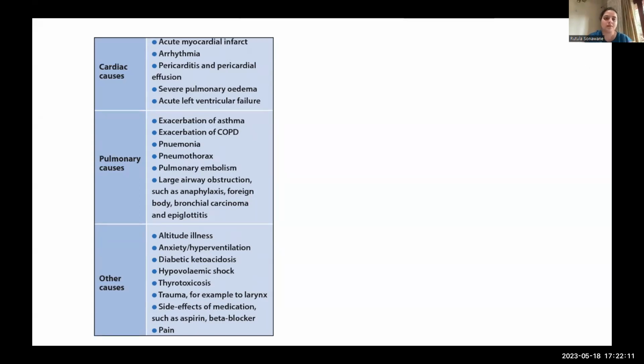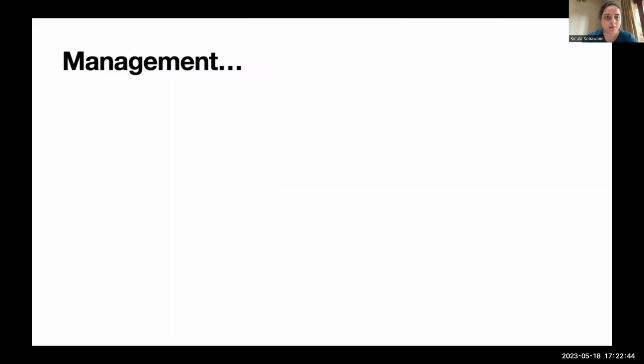Pulmonary causes, as we already saw, can be exacerbation of asthma or COPD, pneumonia, pneumothorax, pulmonary embolism, and large airway obstructions because of anaphylaxis, foreign body, or carcinomas obstructing the main bronchus or the bronchi of the lungs. Altitude illness, anxiety, hyperventilation, diabetic ketoacidosis, and thoracotoxicity are other causes.